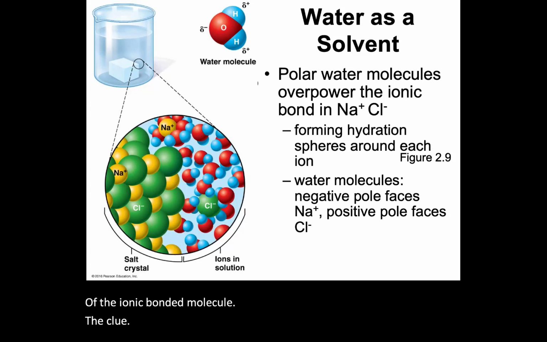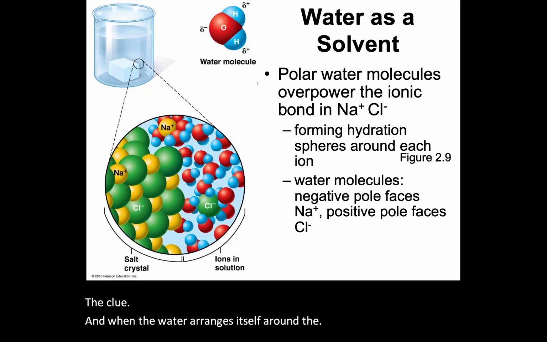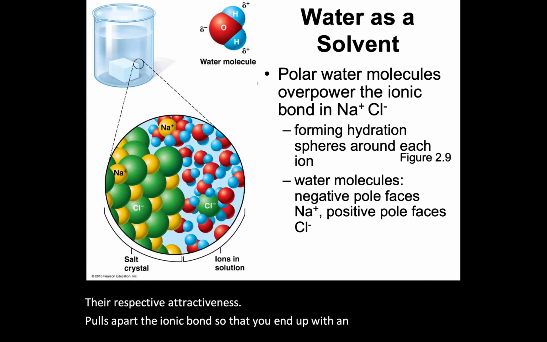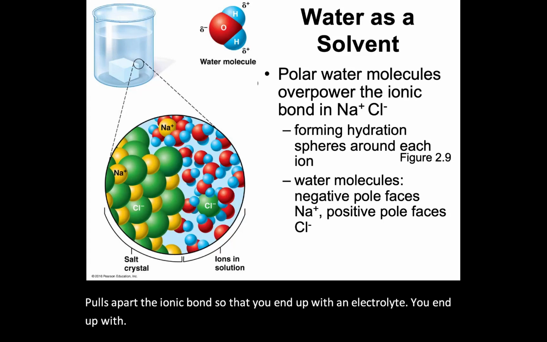And when the water arranges itself around the sodium and the chlorine, their respective attractedness pulls apart the ionic bond so that you end up with an electrolyte. You end up with sodium ions and chloride ions.